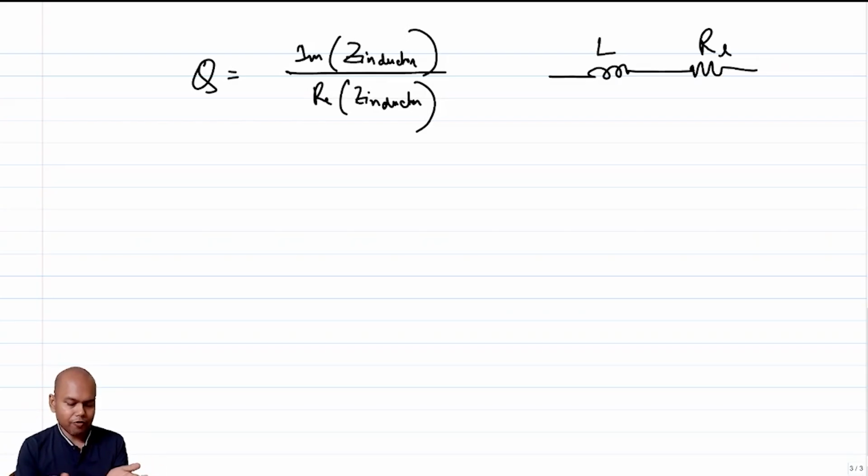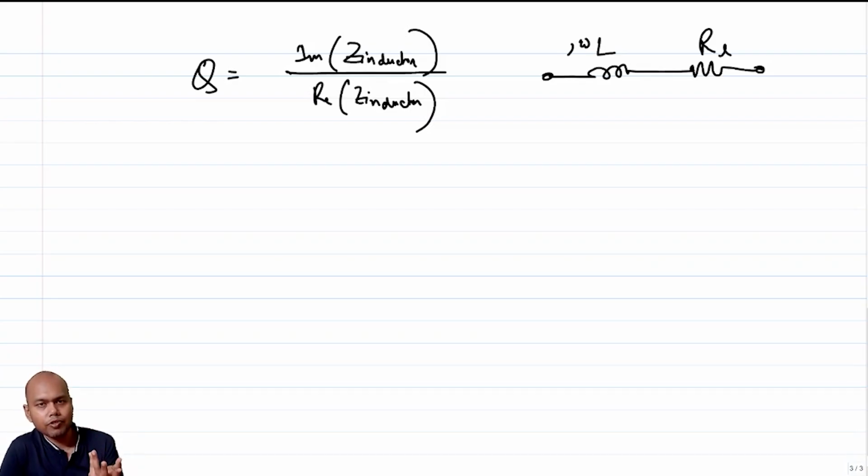Then clearly, if my inductor model is only like this, it makes sense that if I keep increasing the frequency, your Q factor, the quality factor, will increase, right? Because the imaginary part is omega L and the real part RL is supposedly constant, so Q will increase. But we also know that it is not constant, because RL has components of skin effect, which also increases with frequency, but with the square root of f.